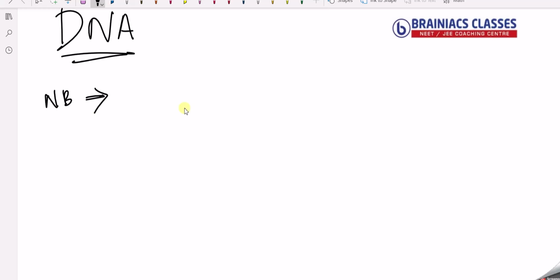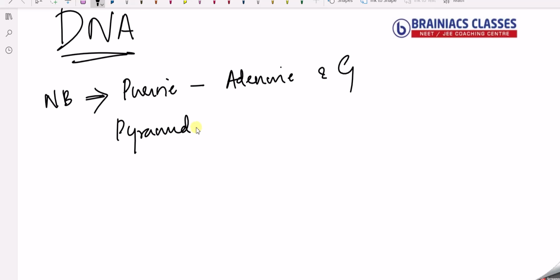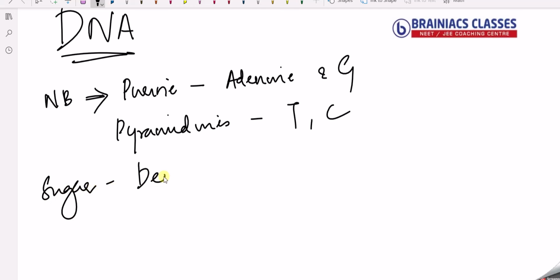The purines in DNA are adenine and guanine, and the pyrimidines are cytosine and thymine, right? And the sugar molecule is deoxyribose sugar.